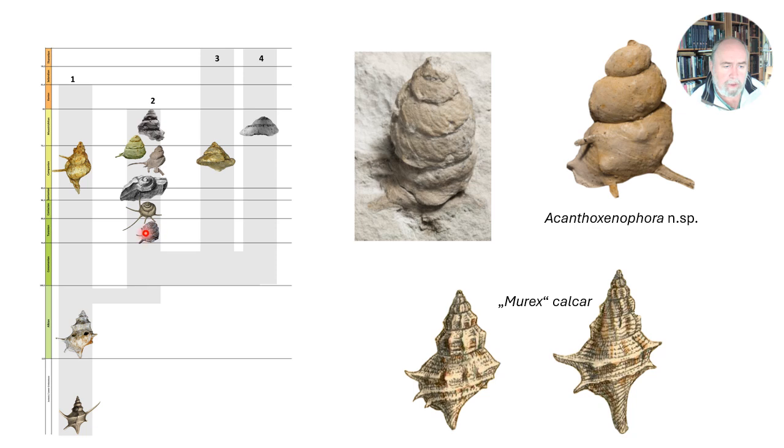In the Turonian we have one specimen which clearly shows scars. This one does not show them, but in this Santonian one you see bumps. So we think they all belong together, and we will describe them as Acanthoxenophora from the boreal of northern Europe.